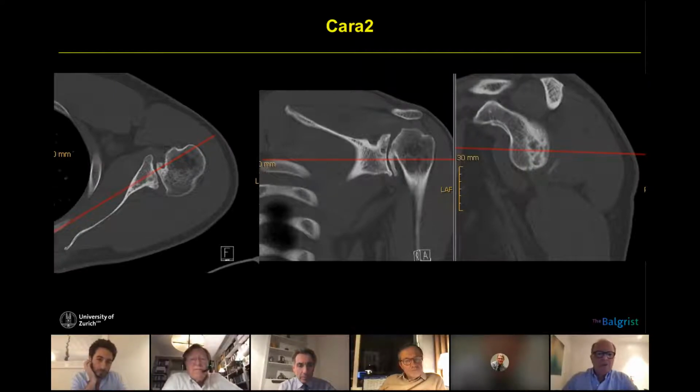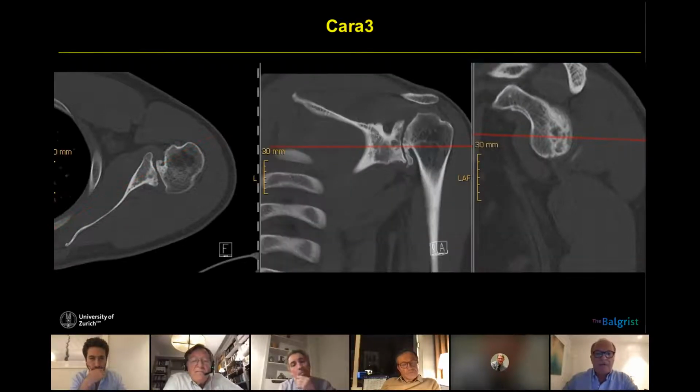If I do not know what that level is, whether it is up here or down here, I cannot really plan. I must know at which level I am, and you will see that the retroversion of the glenoid changes a little bit according to whether you are very superior or very inferior. And to accommodate for that, you have to have these images.